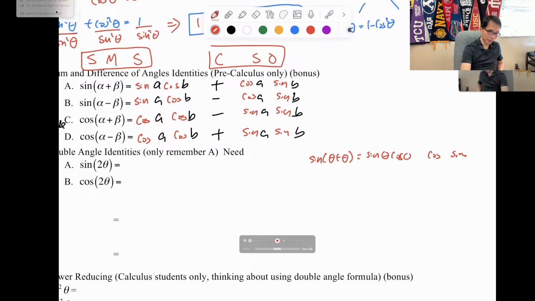Instead of A and B, I'm just going to place theta on all of them. I'm going to add them together. Now, do you see that this is just a different order, but they are multiplication? So I can switch the sine, cosine and cosine, sine. Does that make sense? So this one is going to be 2 sine theta, cosine theta.